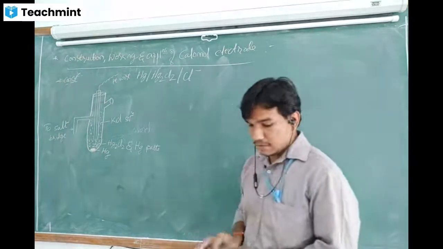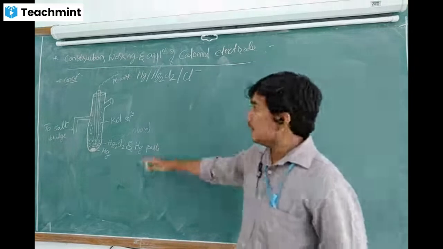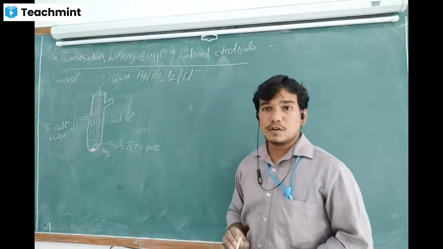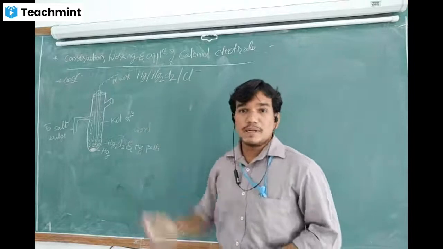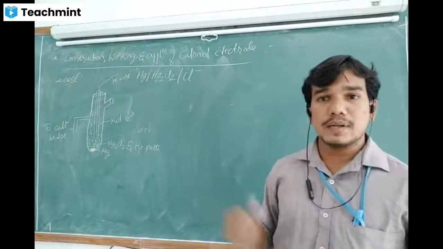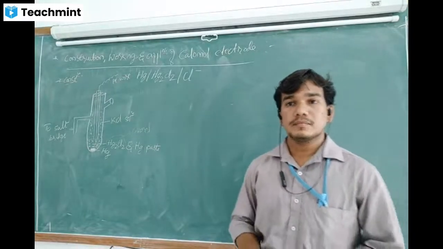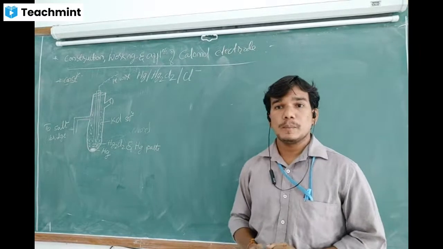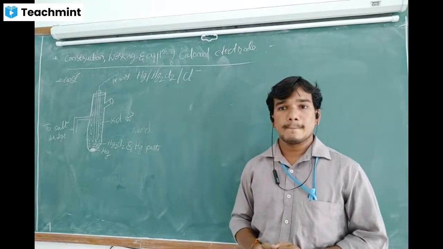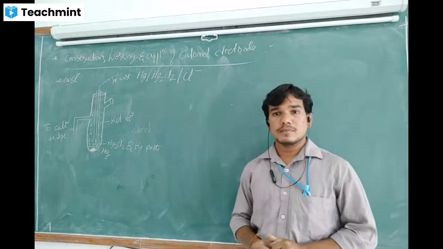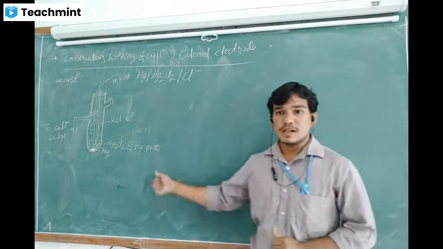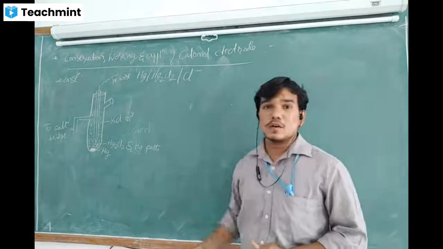Okay. So shall we go for the working of this calomel electrode? What is the requirement of this calomel electrode? What is the role? What is the role of calomel electrode?